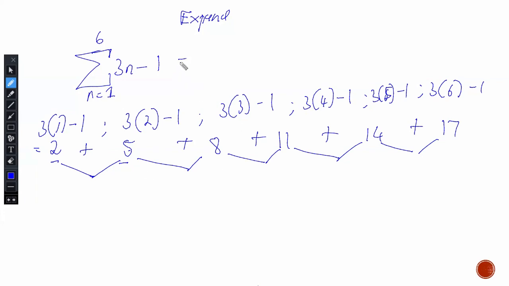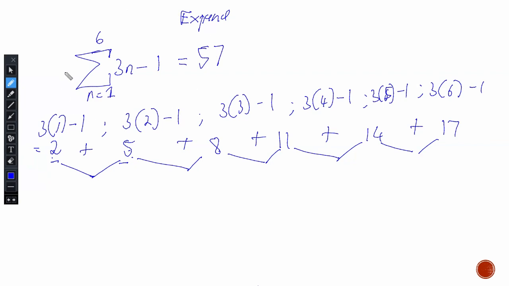Now, to get the sum of this series, all I have to do is add the values of the 6 terms. I grab my calculator and say 2 plus 5 plus 8 plus 11 plus 14, then plus 17. When I add all that up, I get 57, right?